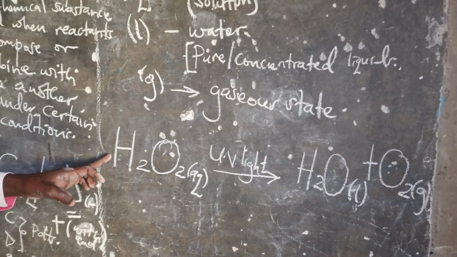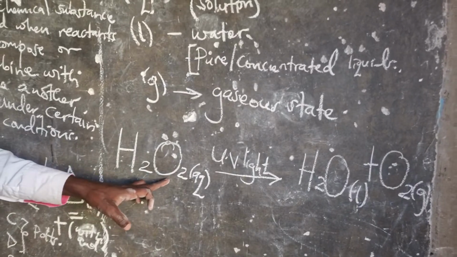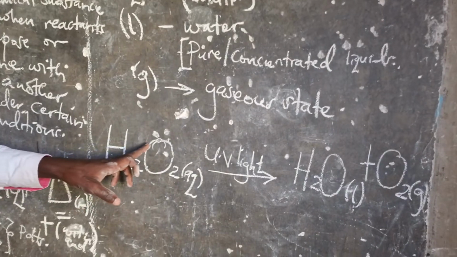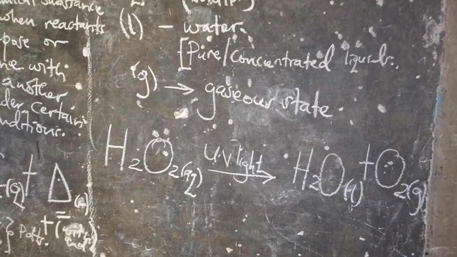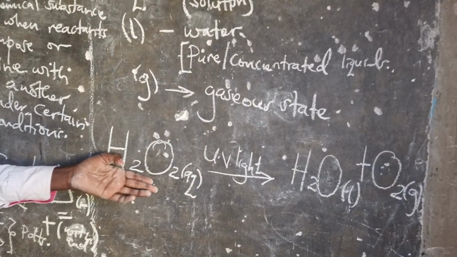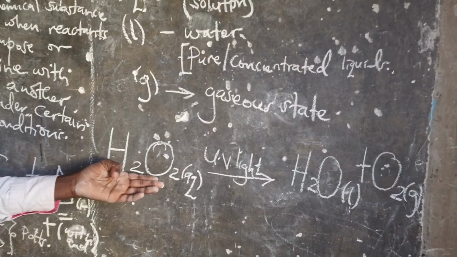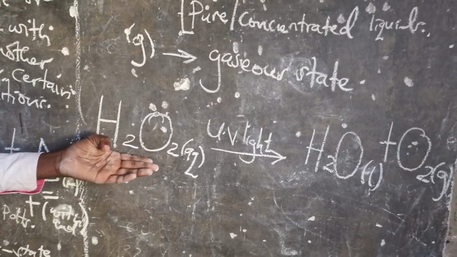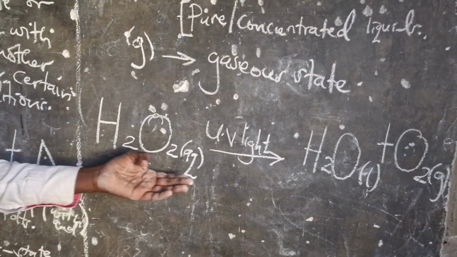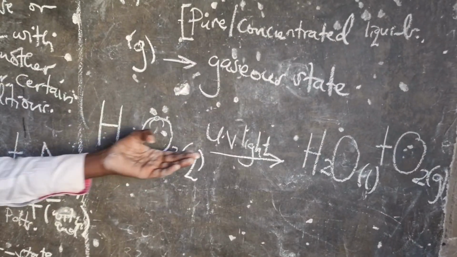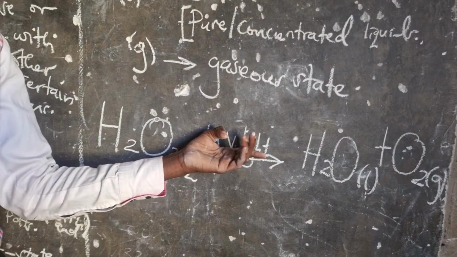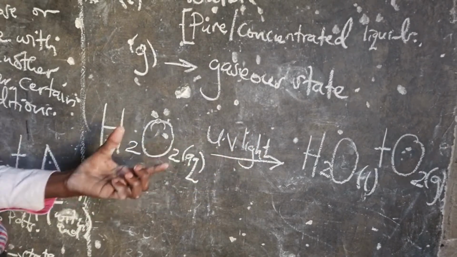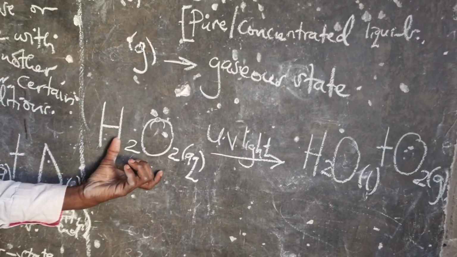For this one, this is hydrogen peroxide. Remember, hydrogen has a valence of 1, and peroxide is written as O2 with a valence of 2. So this is hydrogen peroxide. For this equation, in words, it will be represented as hydrogen peroxide, which is a soluble compound, under UV light as a condition, decomposes to liberate, because it is one, so it must decompose.